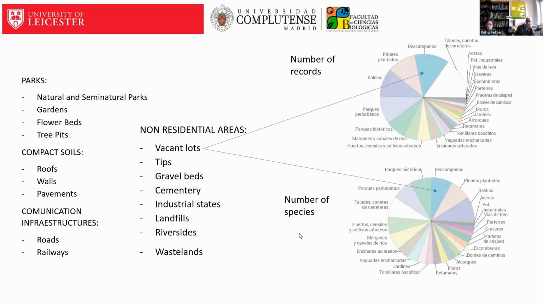We wanted to know which were the richest habitats. If you see these figures, the vacant lots were the winners in number of records. But if you see the number of species, they have a lot of records but not so many species, because most of the species are repeated.